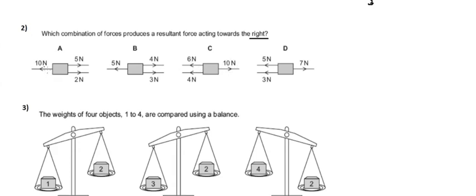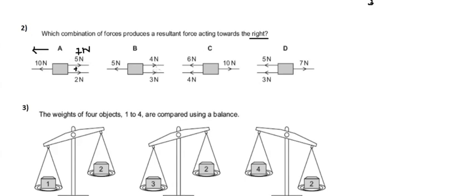In option 1, 10 Newton is acting towards the left, and 5 plus 2 forces are acting, so 7 Newton is acting in the right direction. The 7 is less than 10, so the overall force, or resultant force, is in the left direction.